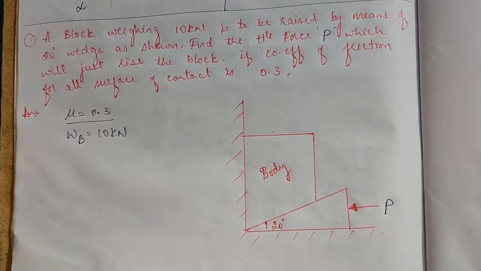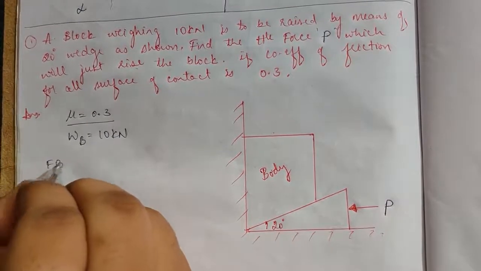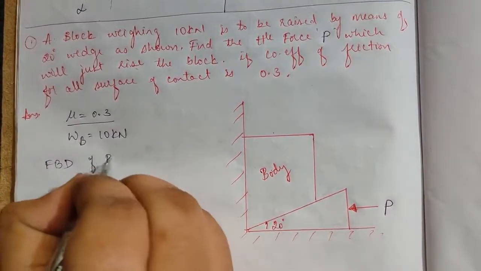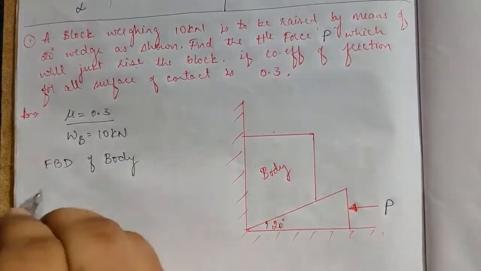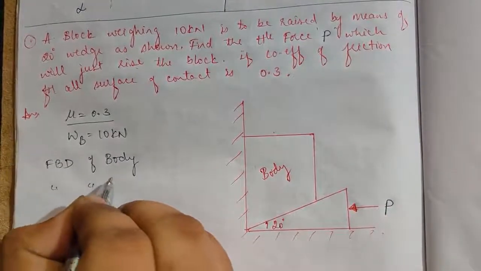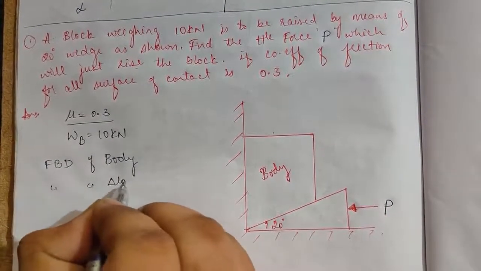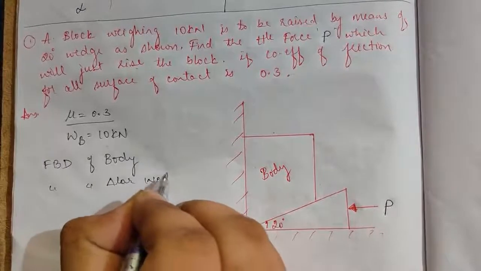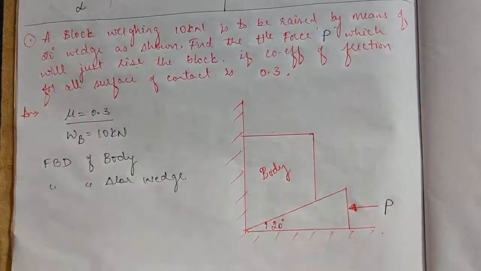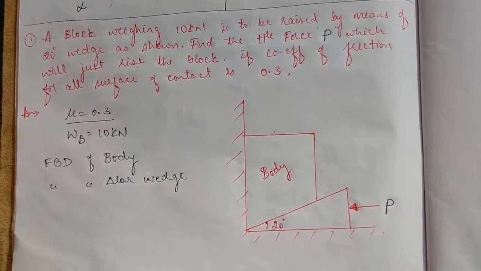Okay, so how do we need to solve the problem? We will take the free body diagram of the body, and we'll also take the free body diagram of this triangular wedge, and we'll apply the equilibrium concept, and we'll find the force P. So before that, I'll just write the free body diagram.